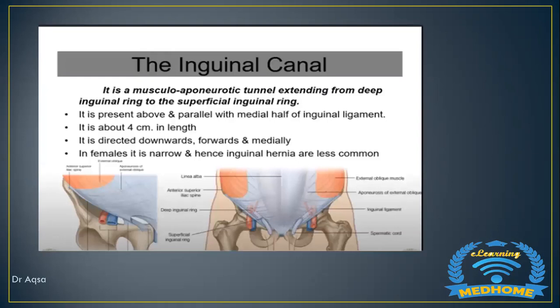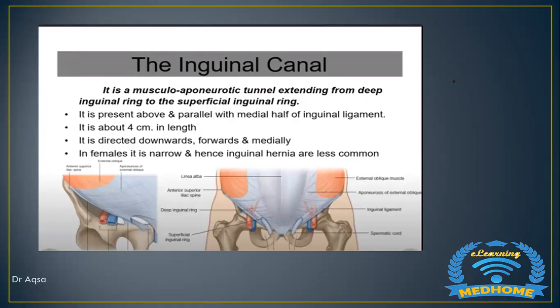Now, what is the inguinal canal? The inguinal canal is a musculo-aponeurotic tunnel which extends from the deep inguinal ring to the superficial inguinal ring. If you look here, this is the deep inguinal ring and this is the superficial inguinal ring.